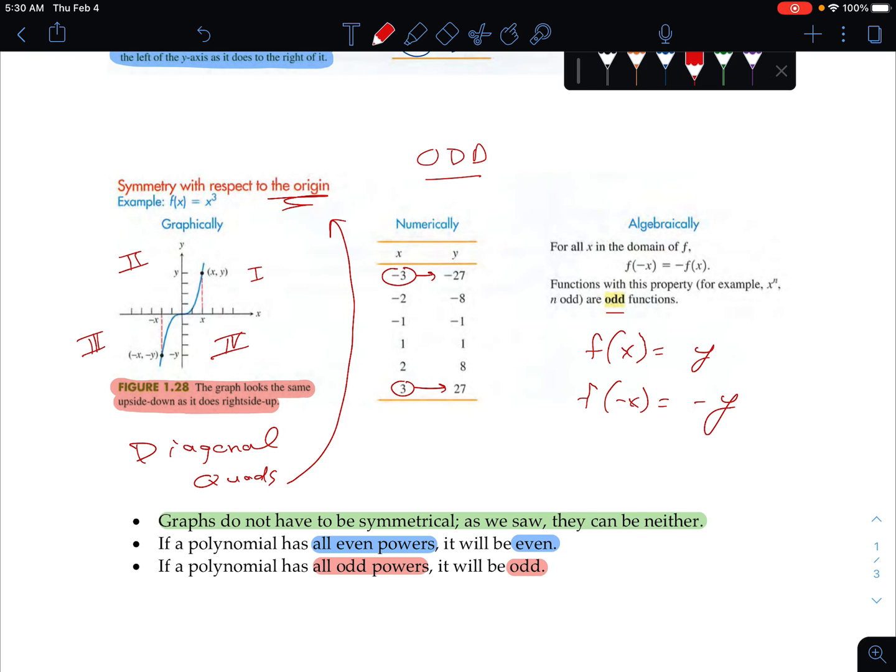So symmetrical through the origin. And I'd write this down, symmetrical through the origin. An odd function has all odd powers. An even function is symmetrical over the y-axis.